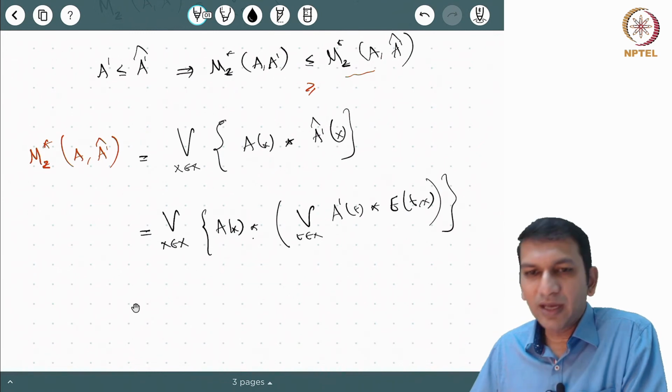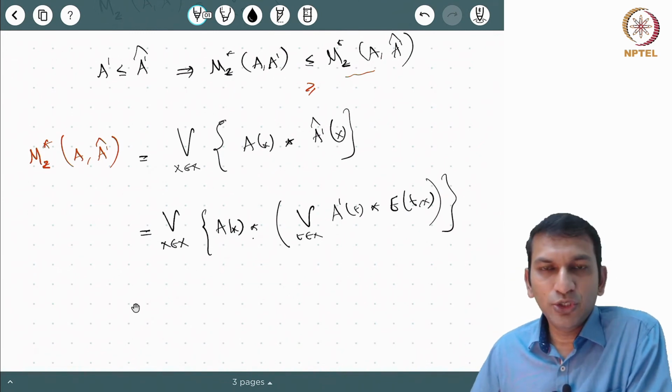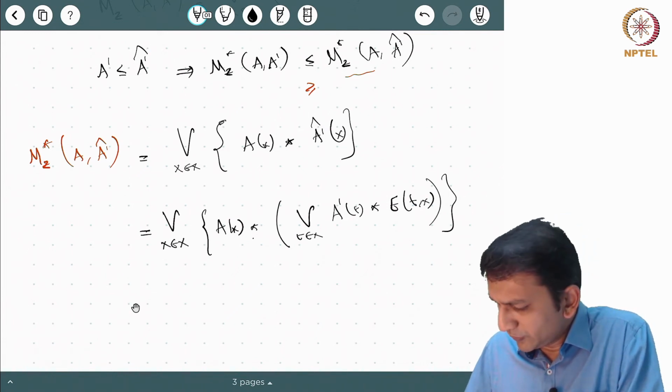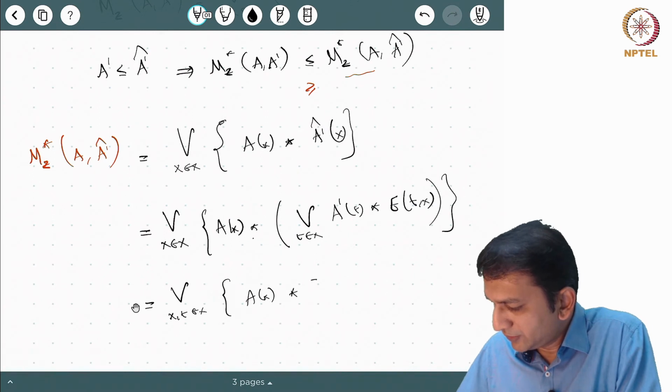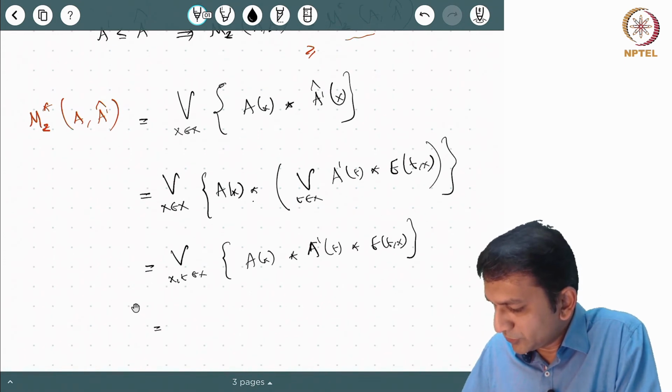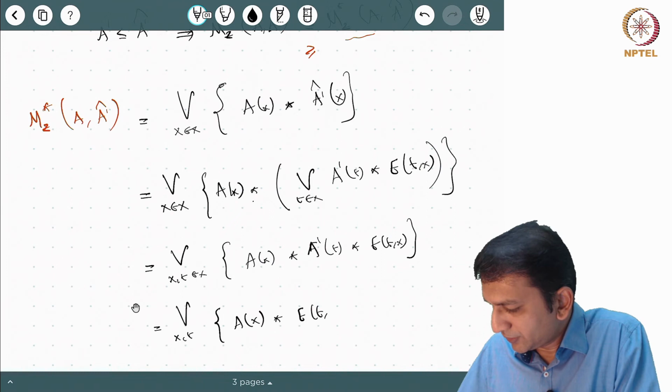Now we know that the star is actually a t-norm coming from the residuated lattice structure, which means it is left continuous, which means it's sup-preserving. So we can take this outside: supremum over x and t element of x of a of x star a dash of t star e of t, x. Now by commutativity and associativity, we can also write this as a of x star e of t comma x star a dash of t.